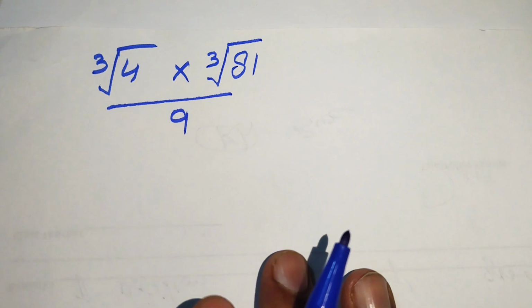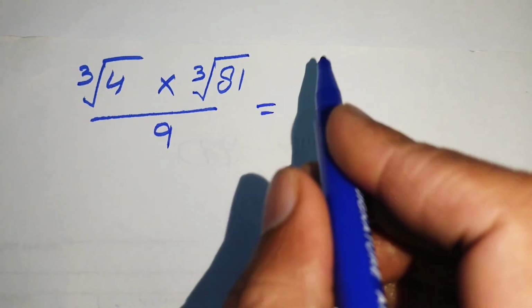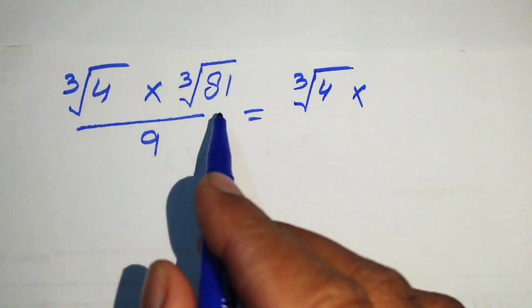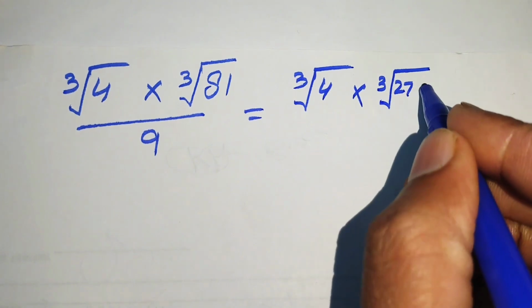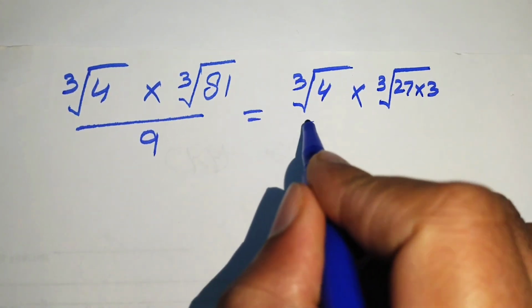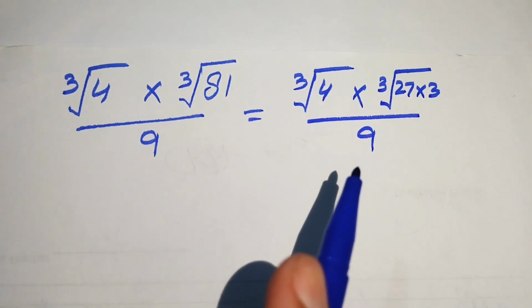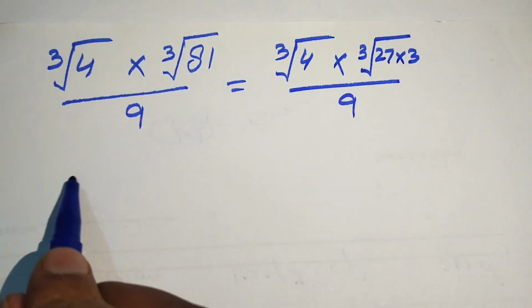So after this step, we just focus on this term, and we write it as cube root of 4 multiplied by 81, and we write this 81 as 27 times 3, divided by 9. We know that 27 times 3 becomes 81. Okay, so here we apply another radical law.